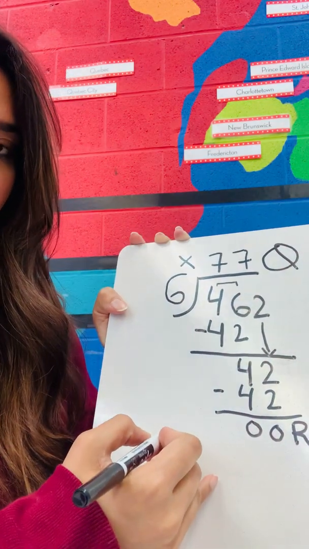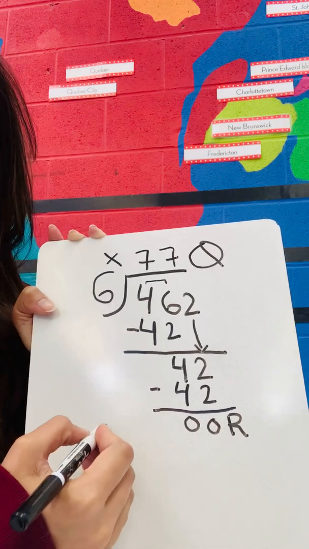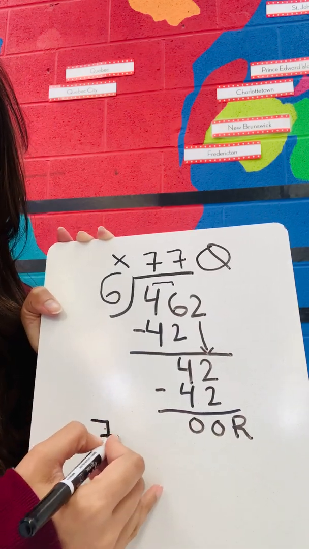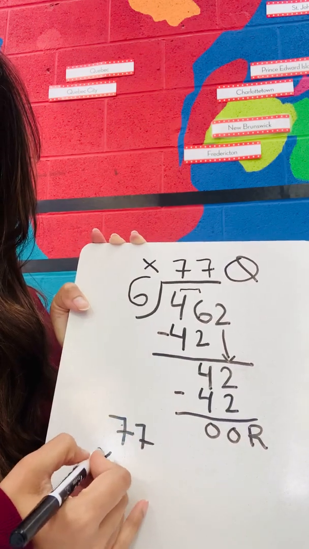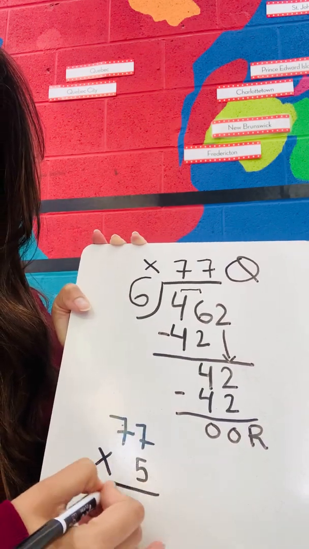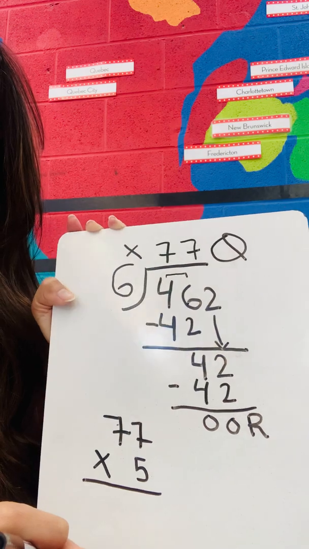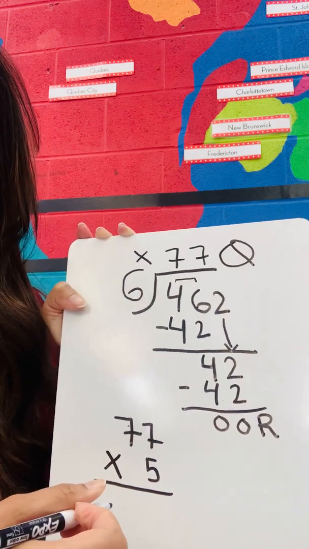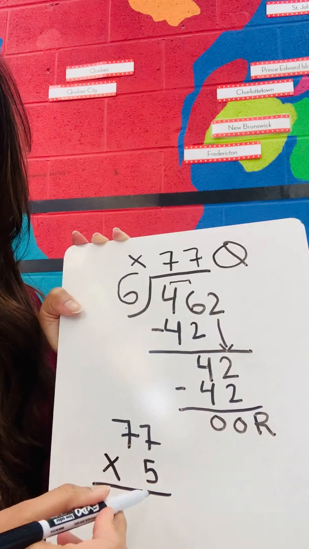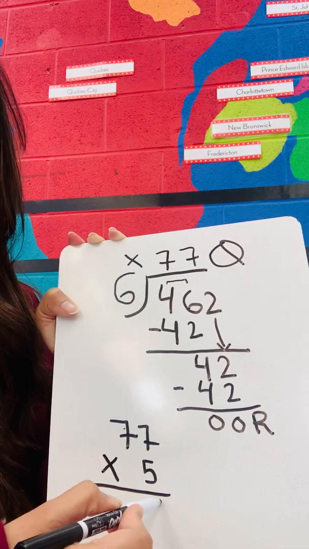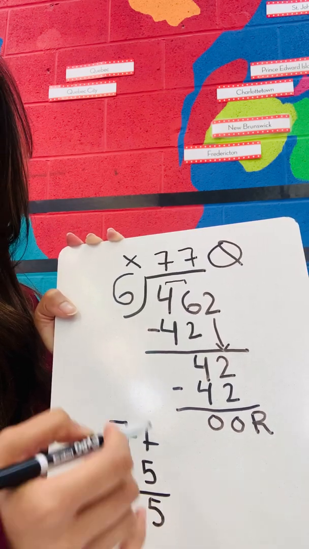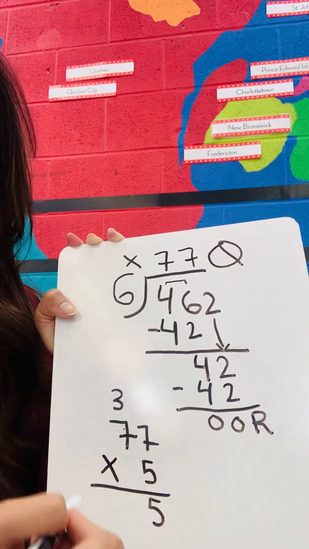So I am going to multiply my 77 bunches by 5 because each bunch is sold for $5. So 5 times 7 gives me 35. I'm going to write my 5 here and take my 3 at the top.